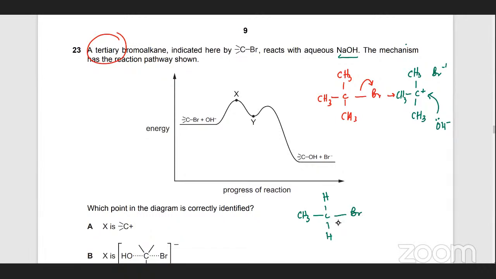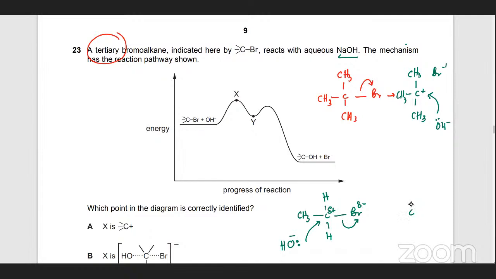So the positive charge on the carbon is pretty strong, which is why it keeps the Br minus one attached to it. And you need the nucleophile to come in. It's going to come in and push the Br minus one away. Otherwise, the Br minus one is not going away. So in that case, it's a one-step mechanism. The OH minus one comes in and the Br gets knocked away.